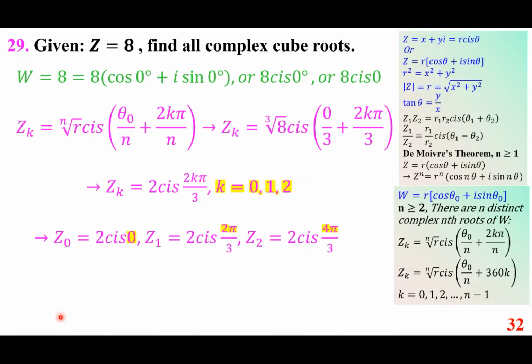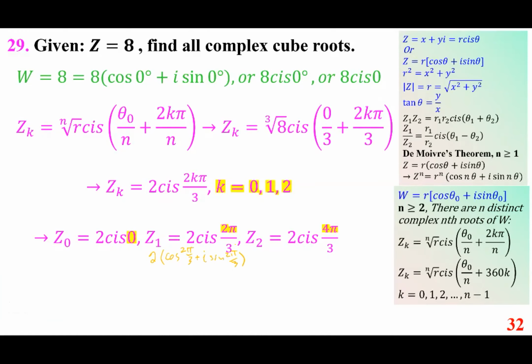What is this one? This is 2 times cosine of 2 pi over 3 plus i sine of 2 pi over 3.